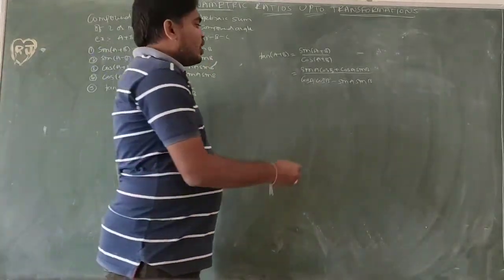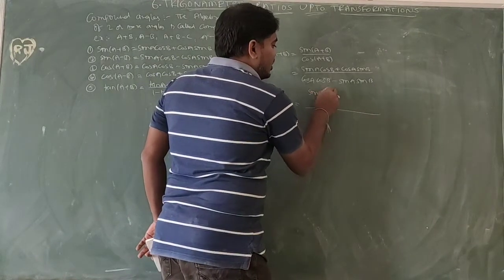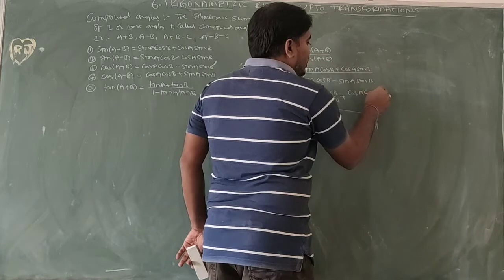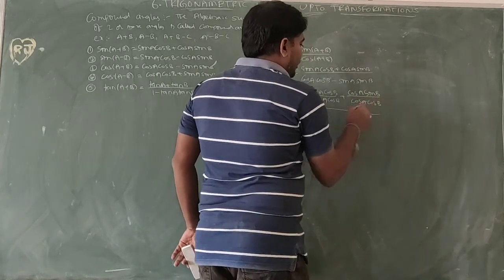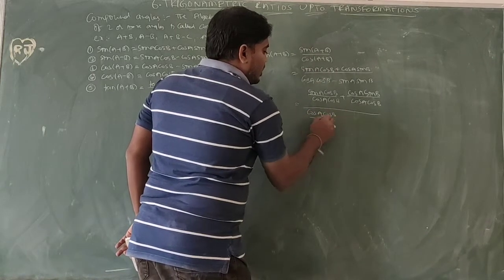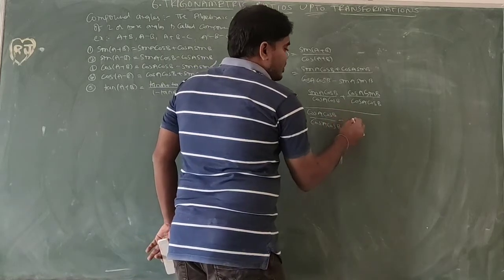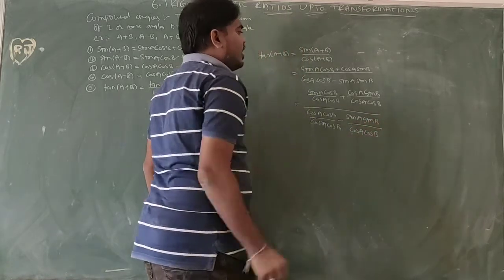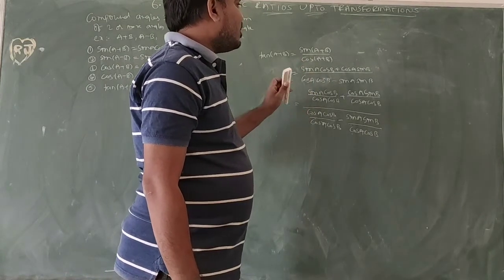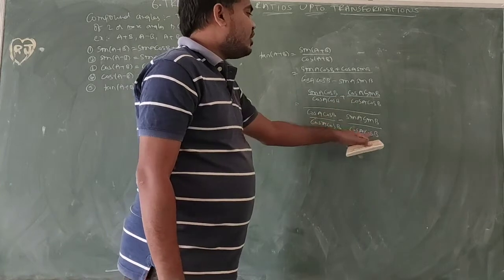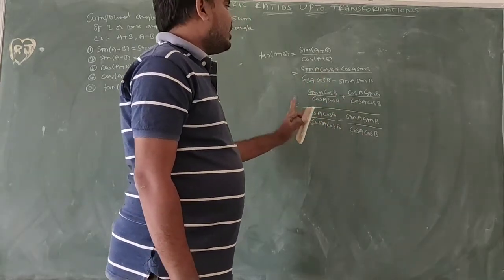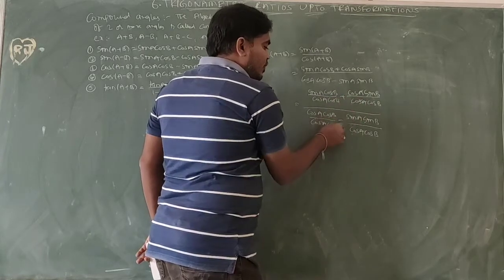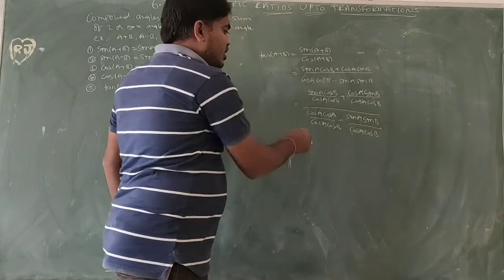So I want to divide numerator and denominator by cos A cos B. Sin A cos B by cos A cos B plus cos A sin B by cos A cos B, over 1 minus sin A sin B by cos A cos B. Simply dividing each term of the numerator and denominator by cos A cos B. Now cos B cancels, cos A cancels. In the denominator, cos A and cos B also cancel.